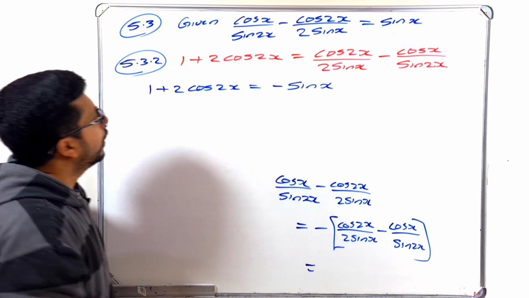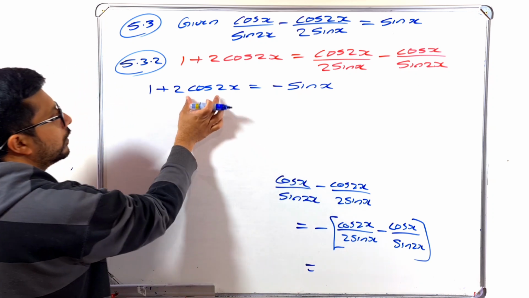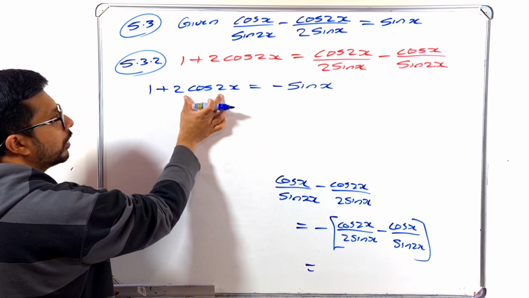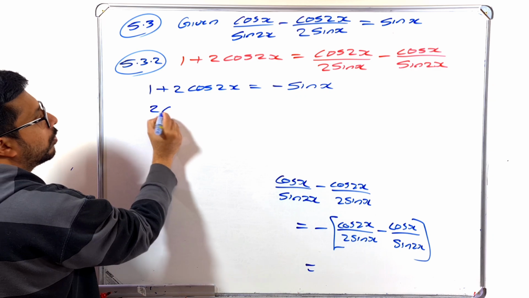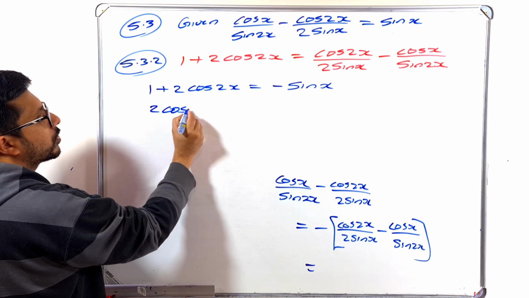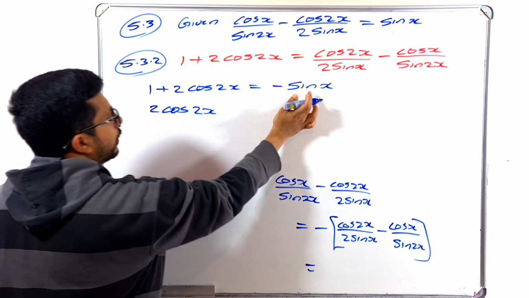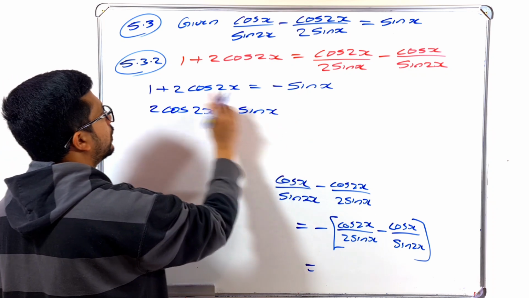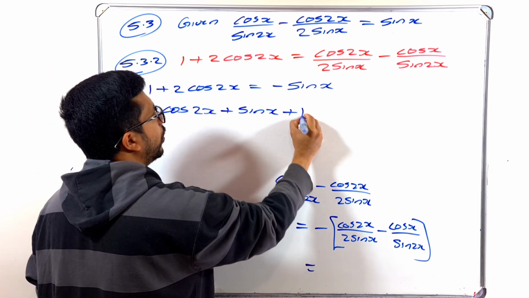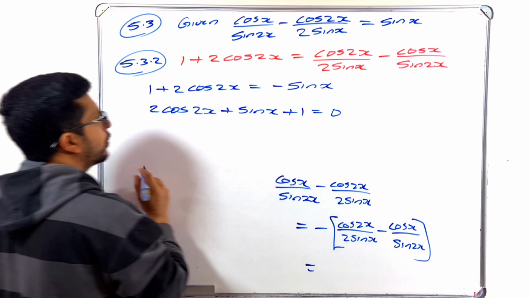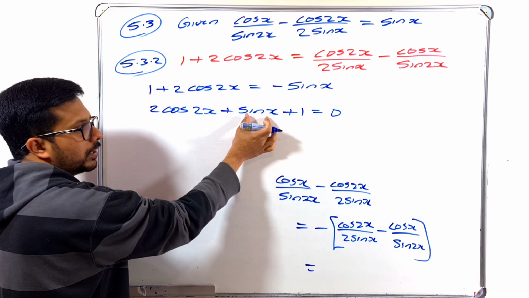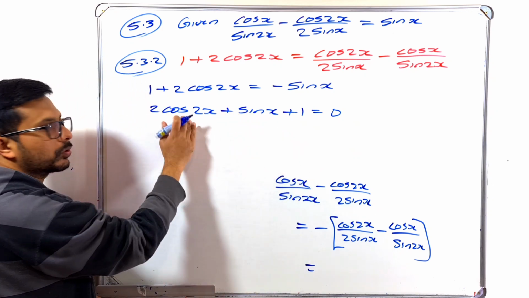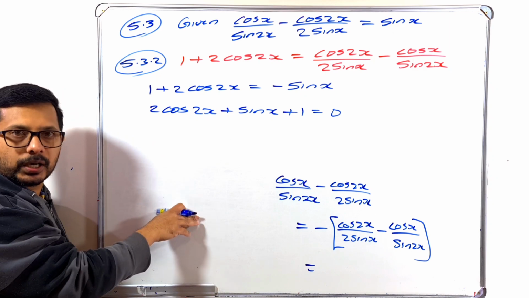Okay, from here, let me write it in order. 1 plus 2 cos 2x, take this one to this side, so it is plus sin x, then plus 1 is equal to 0. Here you can see that there is a sin x, so I am trying to get a quadratic equation.